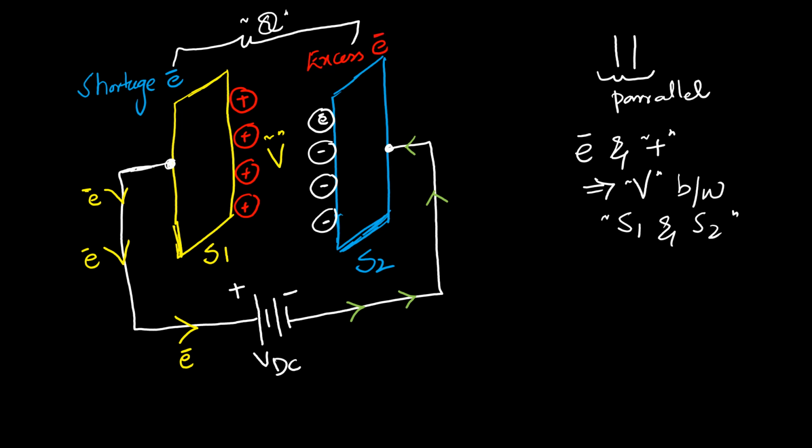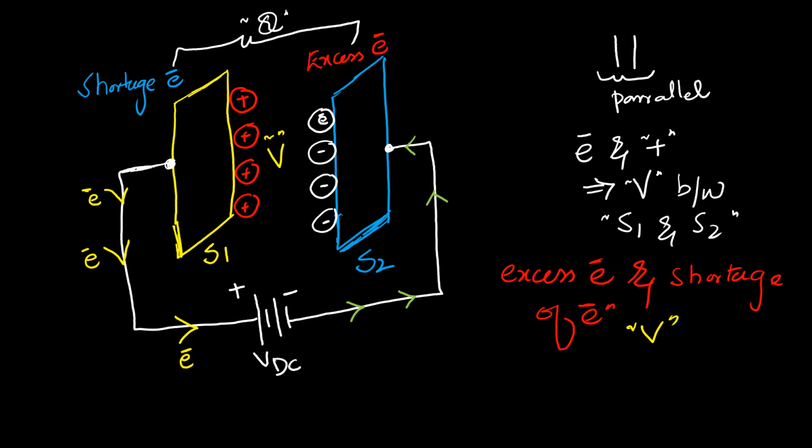Due to the difference between the excess and shortage of electrons, a potential difference V is generated.